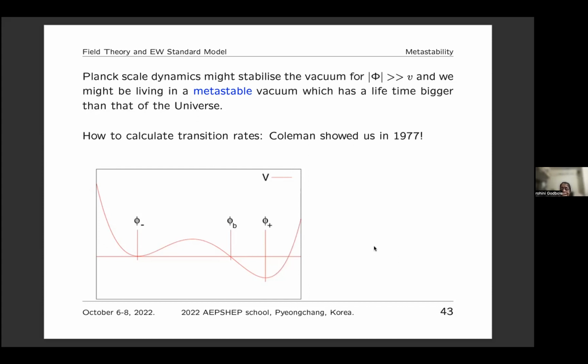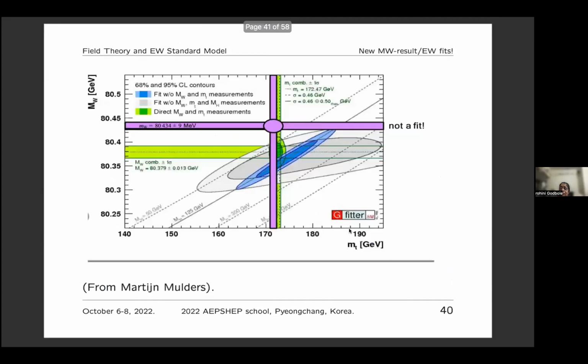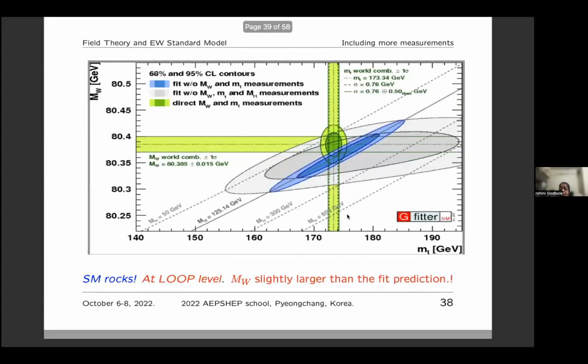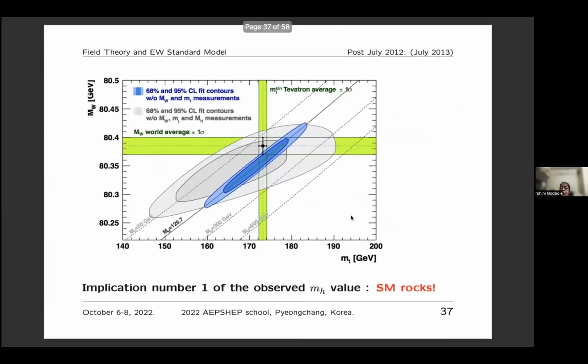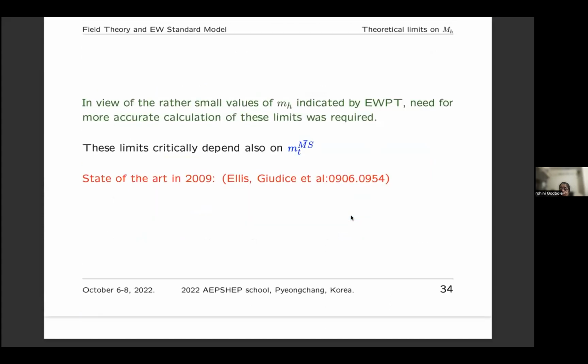So how do you calculate the transition rates from a deeper vacuum to the vacuum here? This was something that Coleman had done. And these are the metastability considerations, where you could lower the lower limit. Let me go back to this slide.